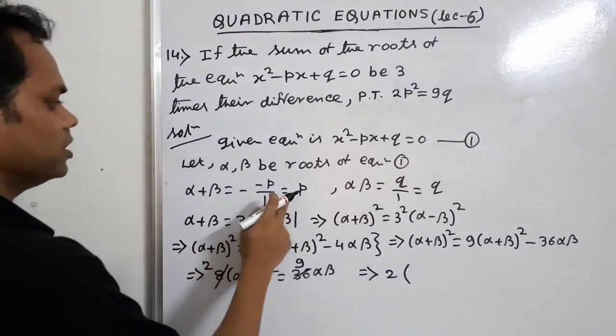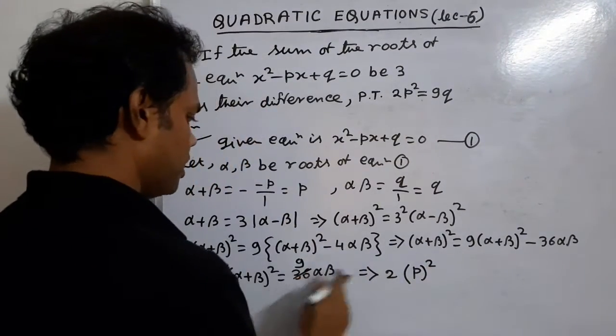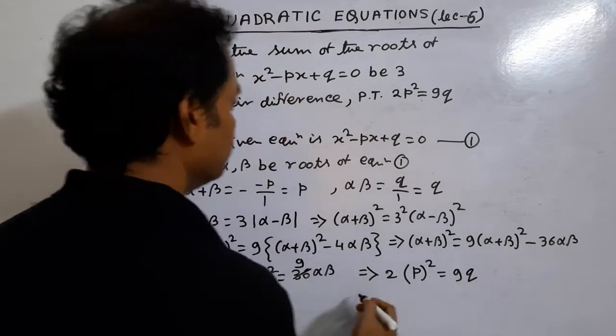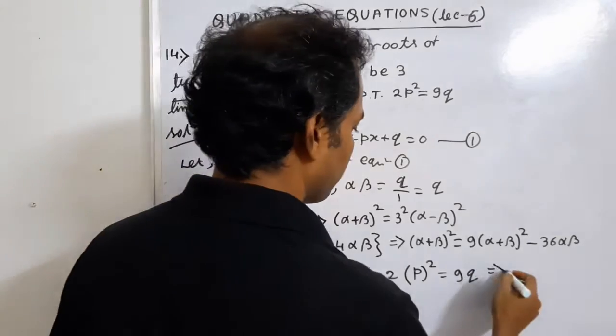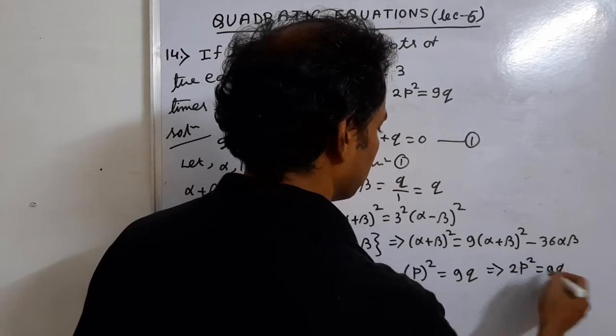Now alpha plus beta is p, so it is p square, and alpha into beta is equal to q, so 9q, and there is our required relation 2p square equal to 9q.